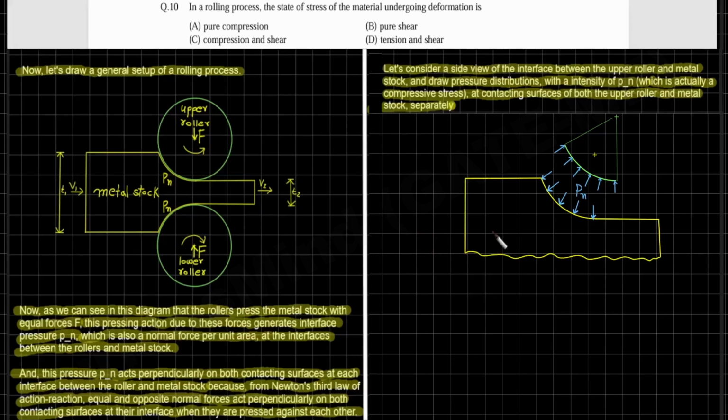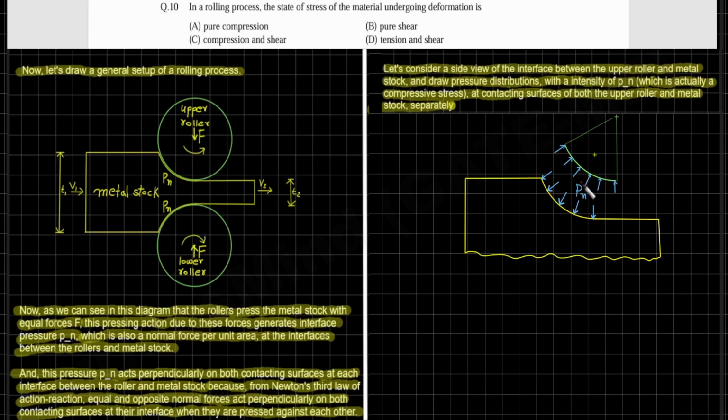So after separating the metal stock and the upper roller slightly, we have drawn pressure distributions on the contacting surfaces of both the metal stock and the upper roller.